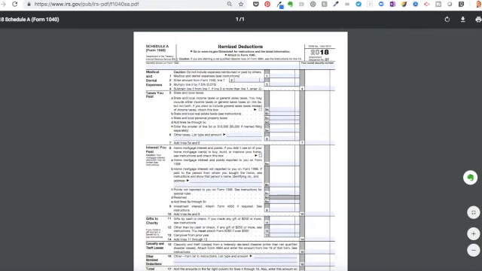There's been many changes for 2018. And unfortunately, it doesn't really simplify it. It just makes it much more difficult for people to take these.